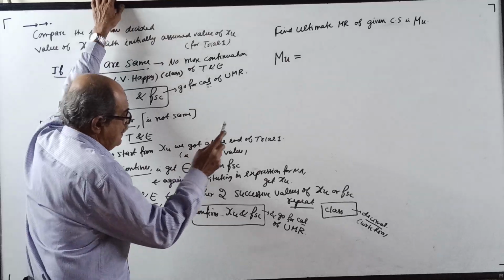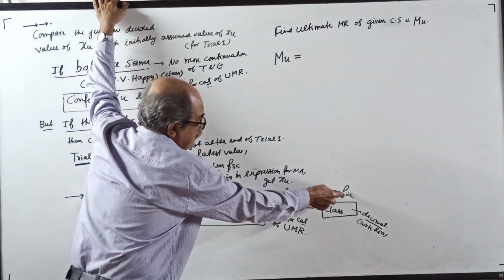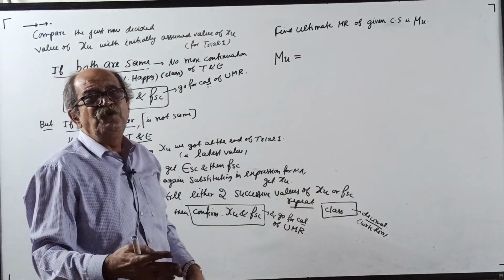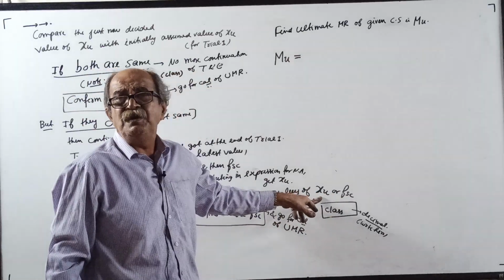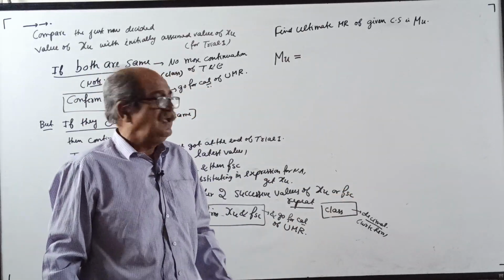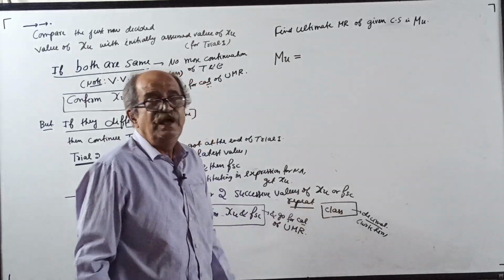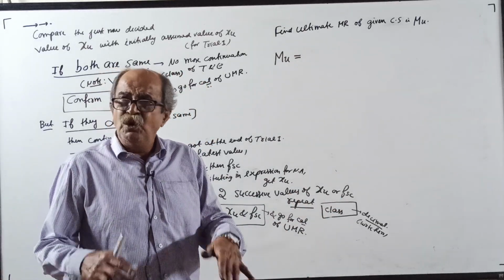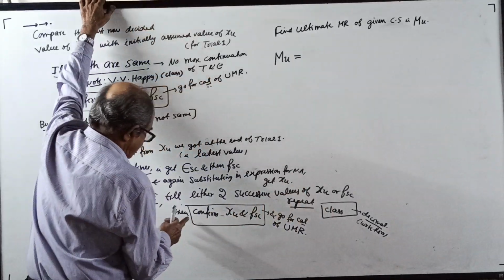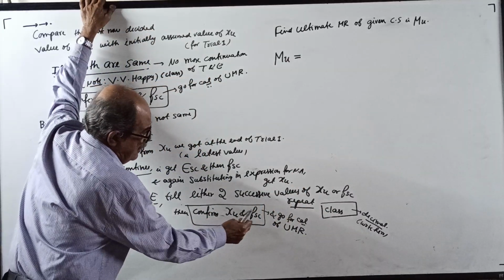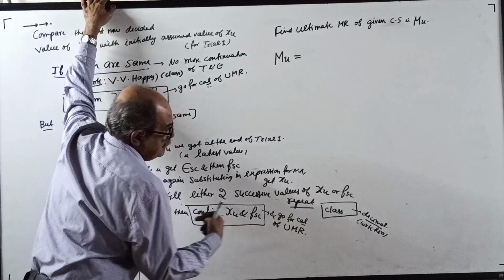Therefore, either XU repeats or FSC repeats. If FSC repeats, XU will repeat. If XU repeats, FSC will repeat. So, there are two troublemakers here. Any one of them repeating means both will repeat. Stop. But one important thing: confirm XU and FSC and go for calculation of ultimate MR.